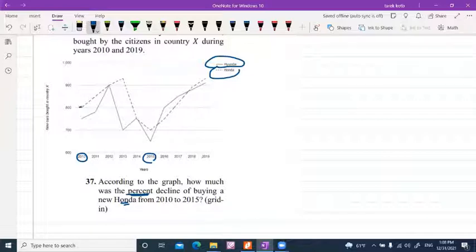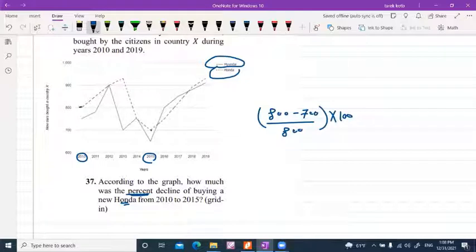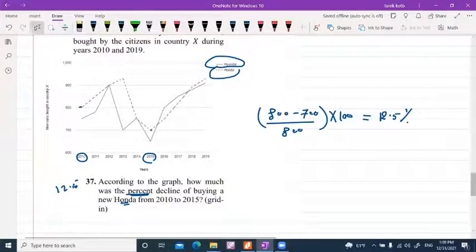So the declination is 800 minus 700 over the original, which is 800. All that percent means times 100. That gives me 12.5%. So the answer is 12.5. This is the percentage of declination.